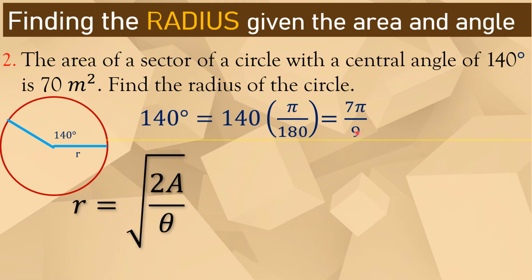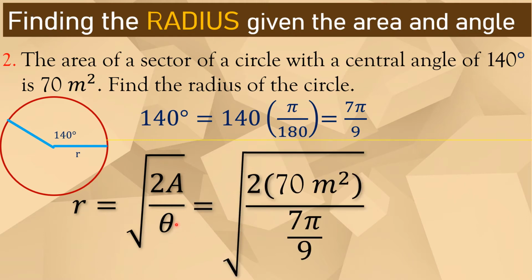And after that, recalling now the formula, radius is equal to square root of 2a over theta, we substitute. So the area is 70 square meters, divided by 7 pi over 9, and that is the angle here in radian. Using our calculator, that is approximately 7.57 meters.